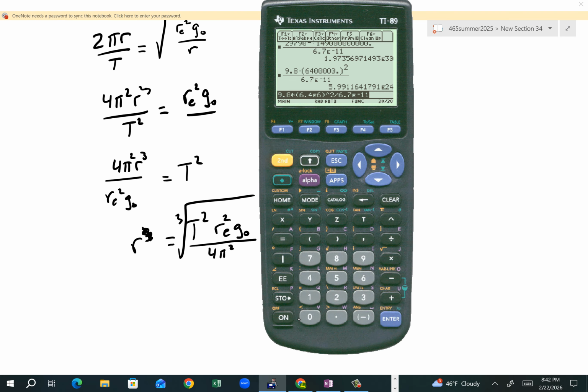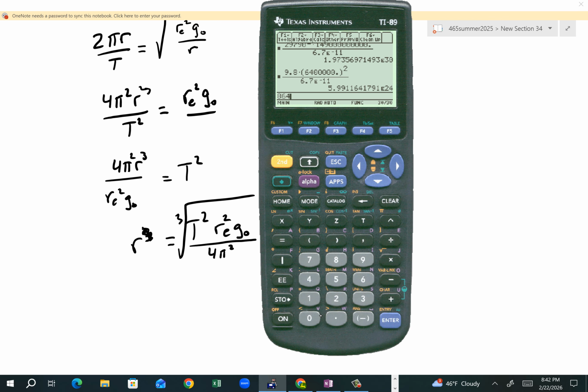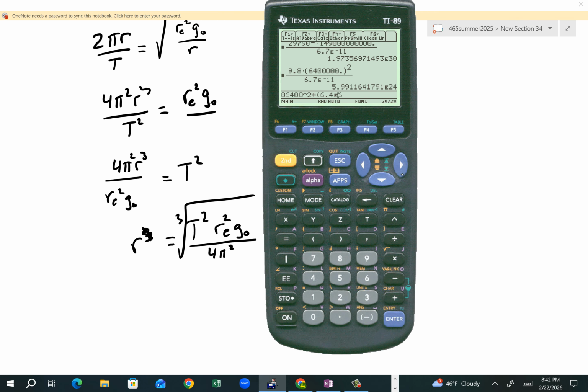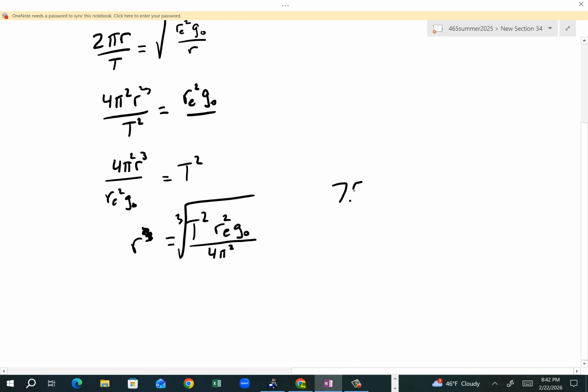So in our situation here, t squared would be 86,400 seconds in a day squared times 6.4 E6, that's the radius of the Earth, squared times 9.8 divided by parentheses 4 pi squared. And you get 7.6 E22 roughly, meters. And you're like, that's it.